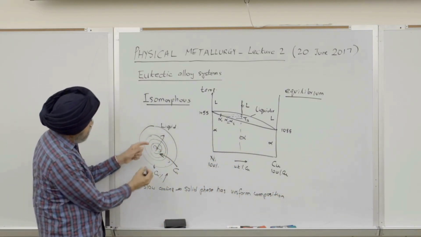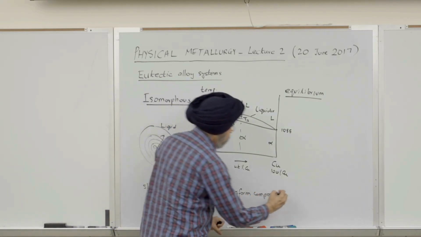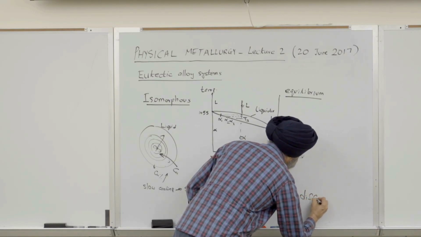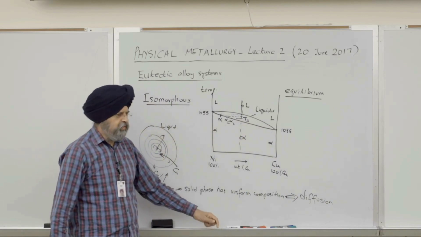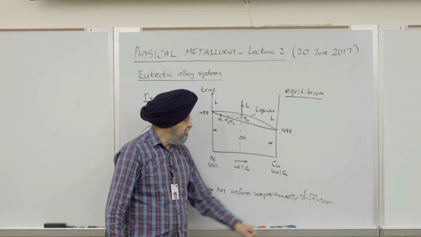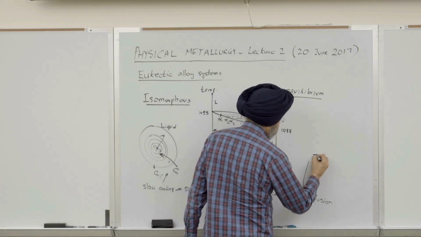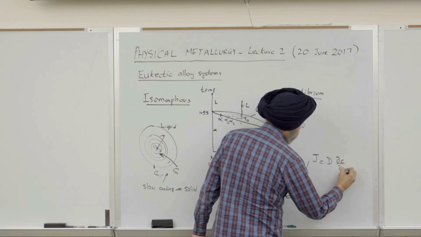So how do we get uniform composition? We get uniform composition by what we call diffusion, and we did this last week when we were discussing lithium-ion batteries. Diffusion is the motion of mass because of a concentration gradient.